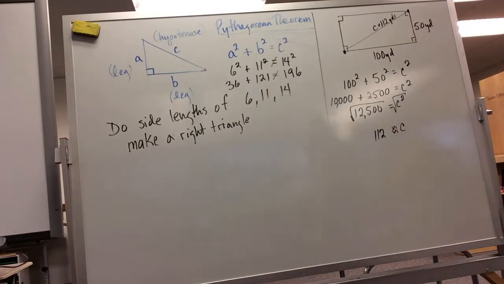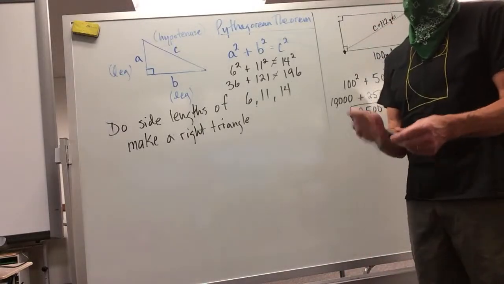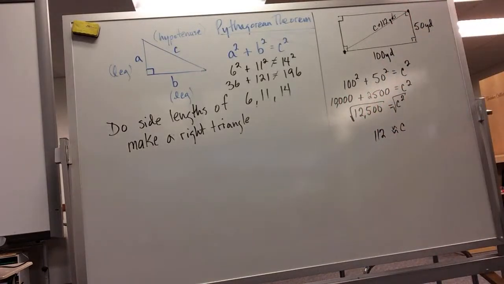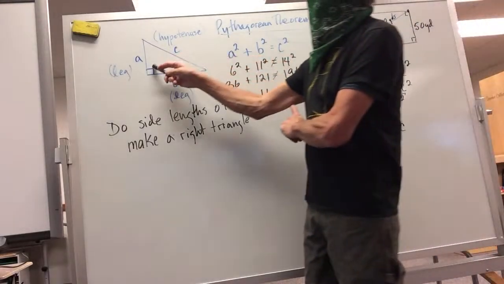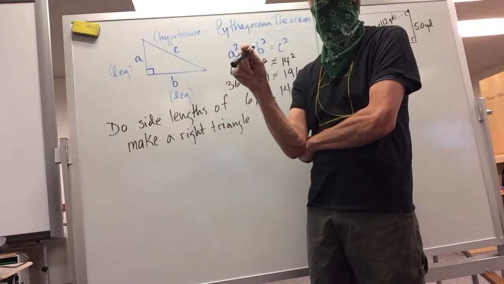Wait, yes? So the Pythagorean theorem, it has to equal 180 in order for it to be claimed as... No. Any triangle, the sum of the three angles will be 180 degrees, yeah.